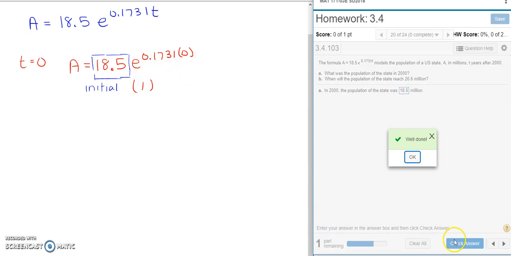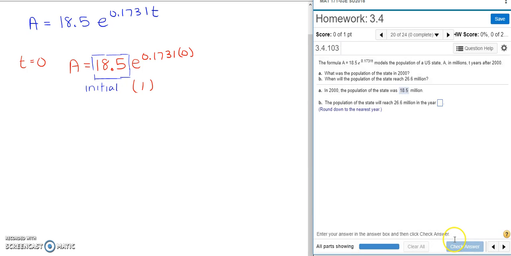But the harder part to this question is this part. The population of the state will reach 26.6 million in the year blank, and it wants us to round to the nearest year. So this is kind of different than what we were doing in 3.1. In 3.1, they would give us a year and we'd figure out the population.